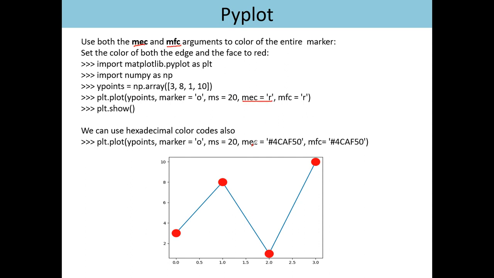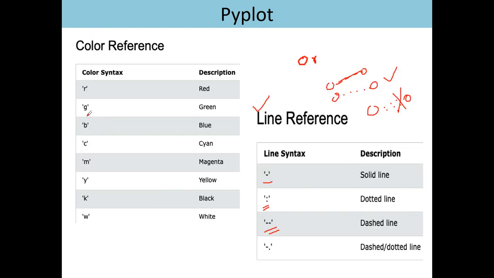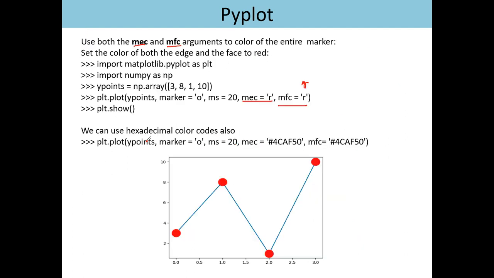Say MEC is R, MFC is R. So both the border and the internal color become red. If you give it green, G for green, you will see the difference. We will see it when we go to the demonstration.